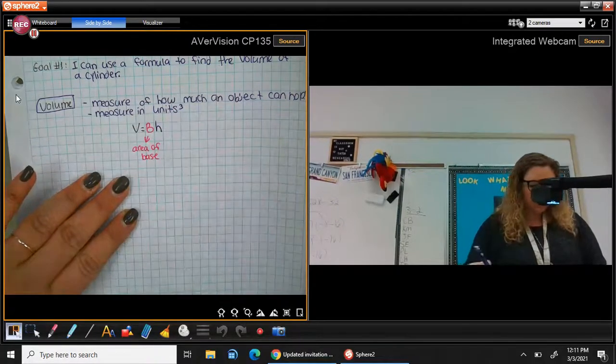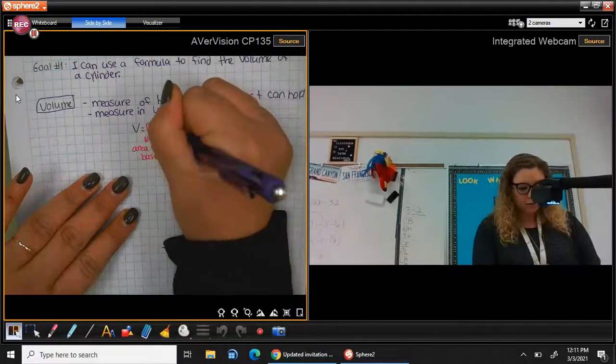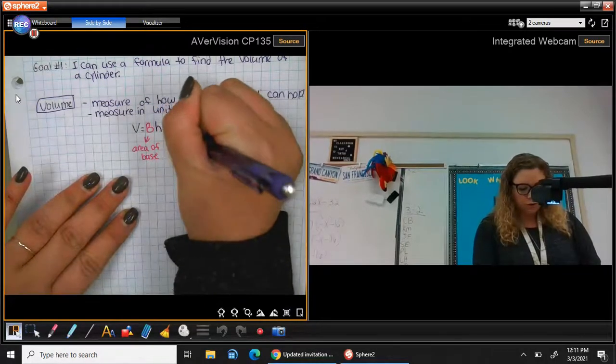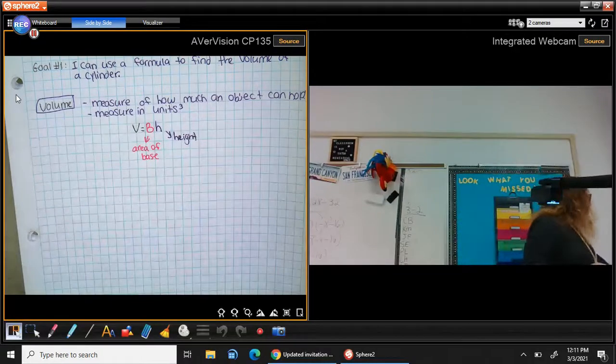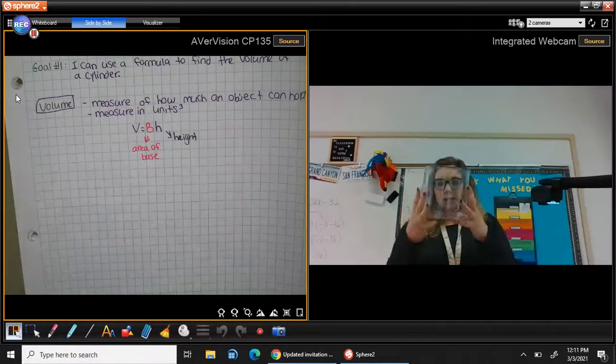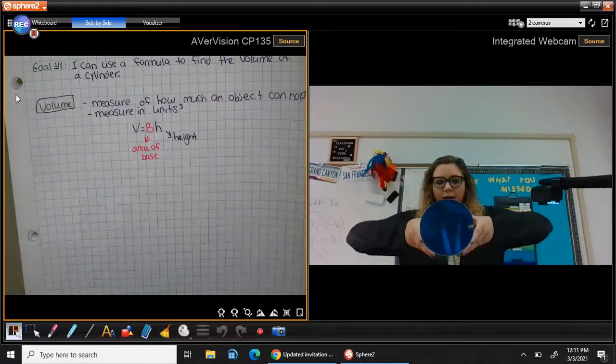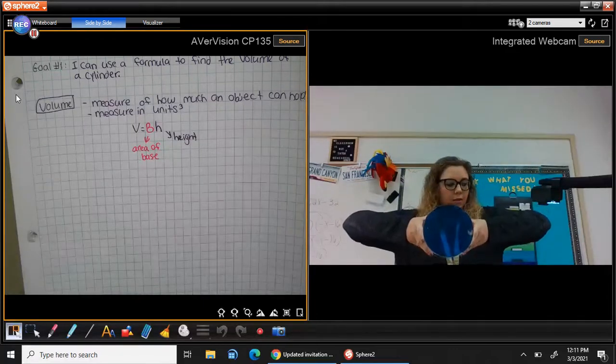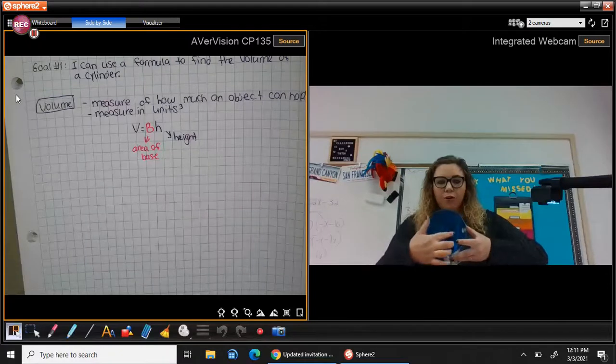H is how high it is. So it's going to be the area of your base. So we're talking about a cylinder. How do I find the area of the base? This is pi r squared.